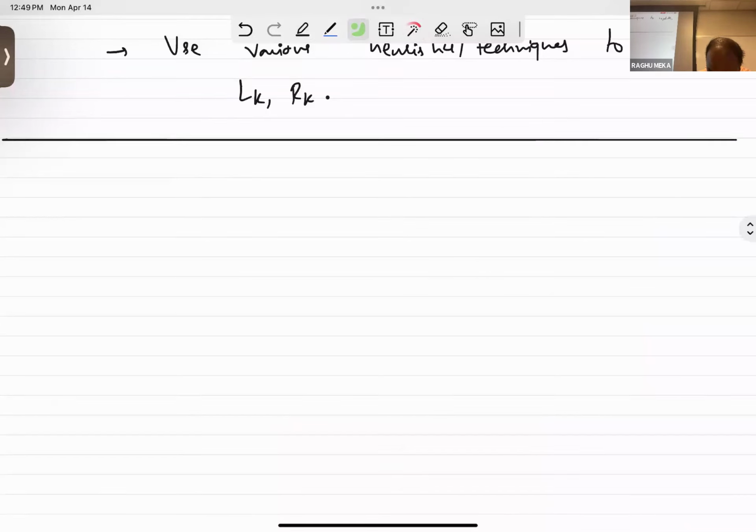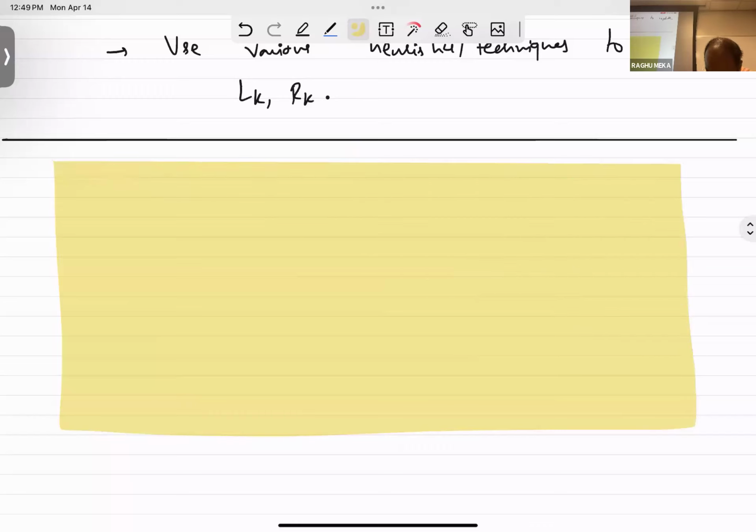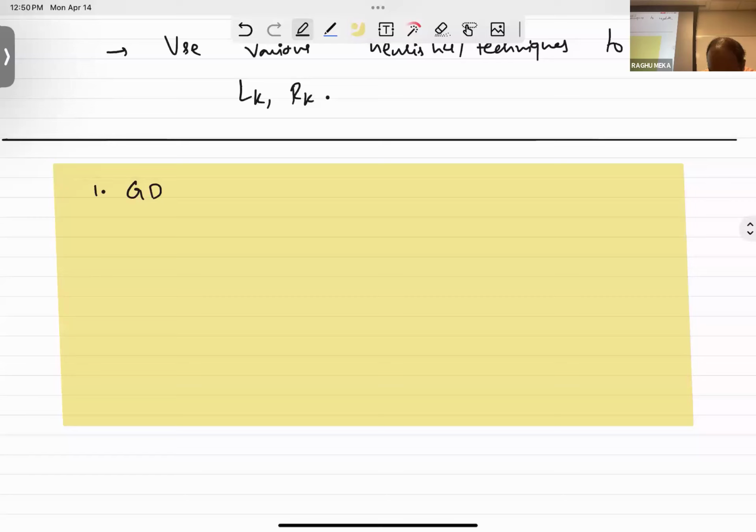So let me summarize optimization. What did we learn? I would say the main ideas should be that GD is something to think of as a meta algorithm, because it only needs information about the gradient and nothing else.